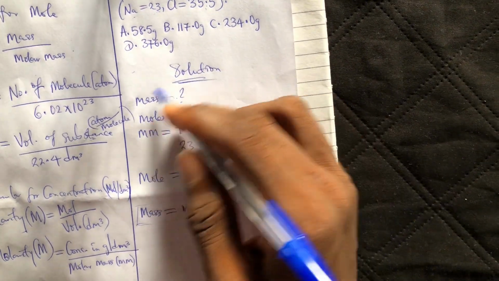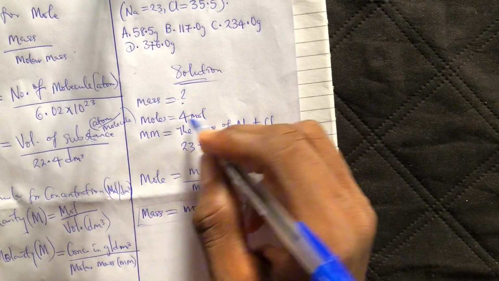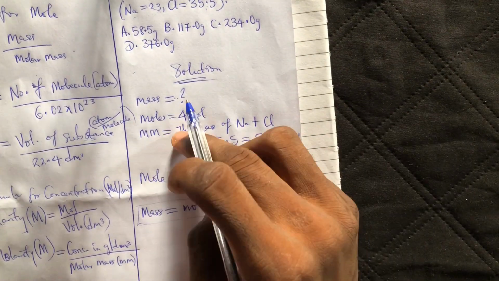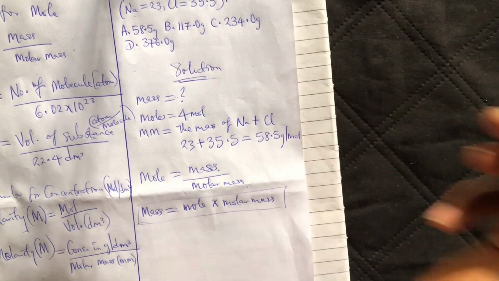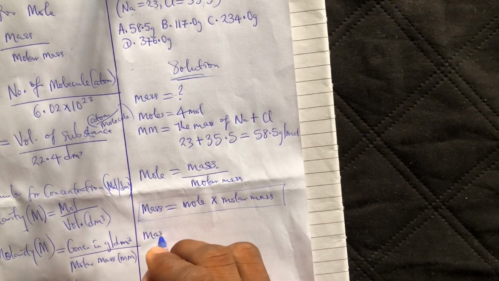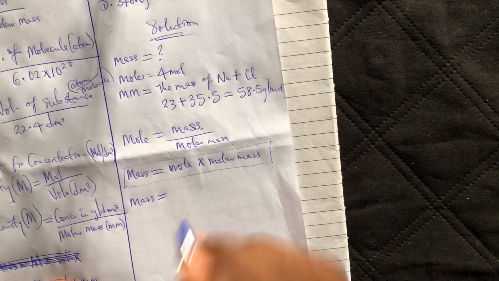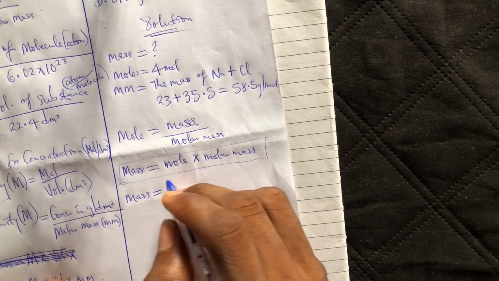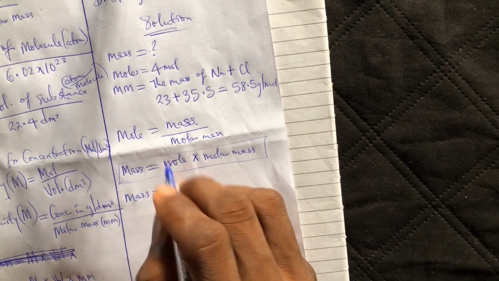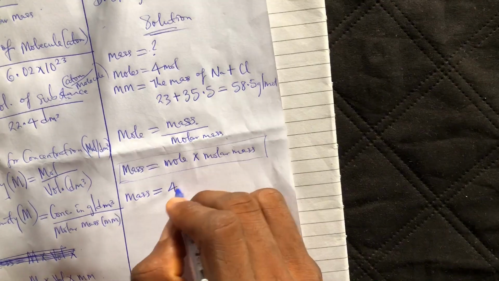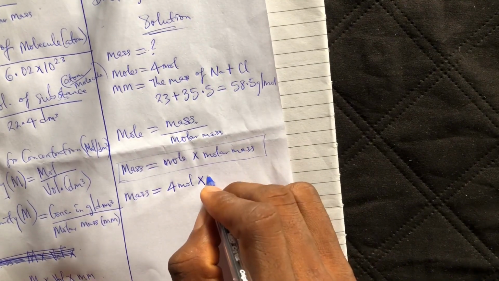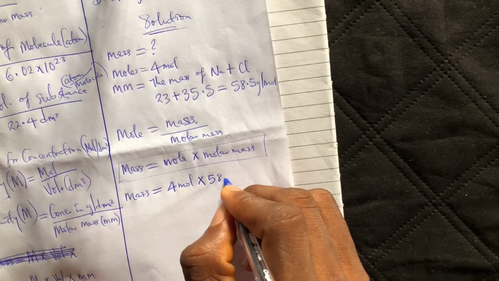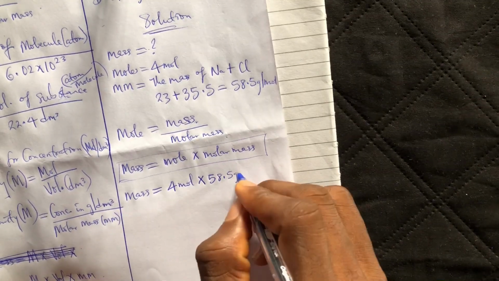And if you look at these values here, we have moles to be 4 and we have molar mass to be 58.5 gram per mole. All right, so let's write that out so that we can get the exact answer that is needed for us in this particular question. So our mole is 4 mole times molar mass, which is 58.5 gram per mole.